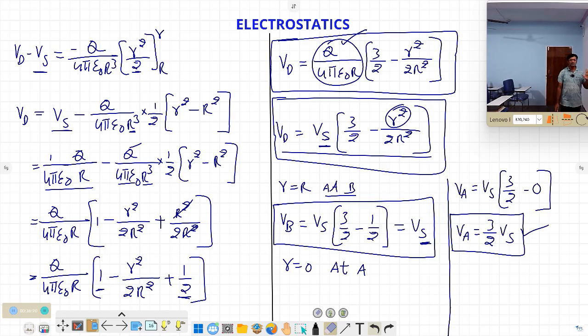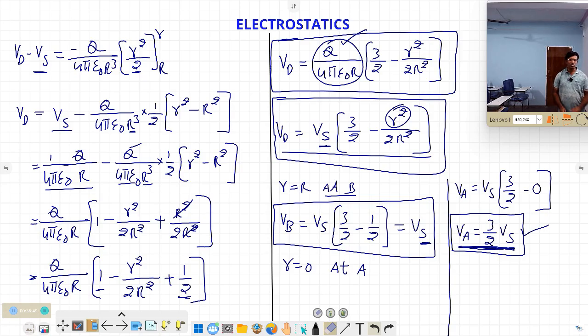So the main point, the final conclusion: potential due to a non-conducting charged sphere is different at different points. At any point inside, the formula is Vs into 3 by 2 minus r square by 2R square. And also the most important point is that potential at the center is always equal to 3 by 2 times the potential on the surface.